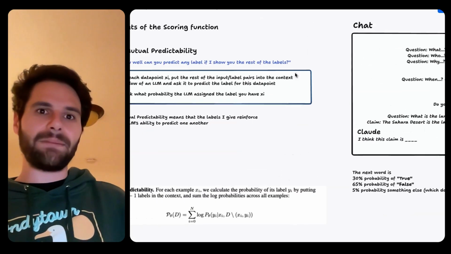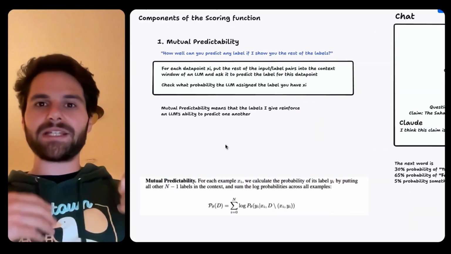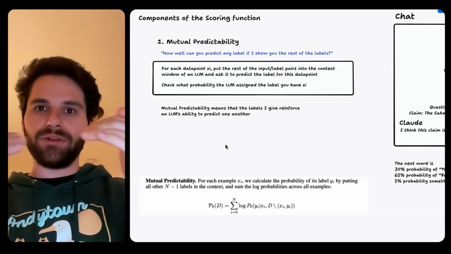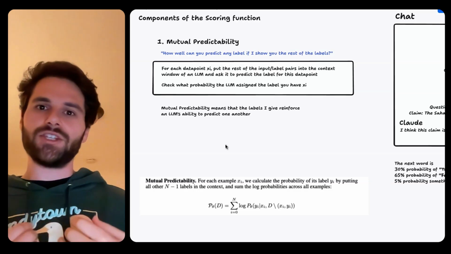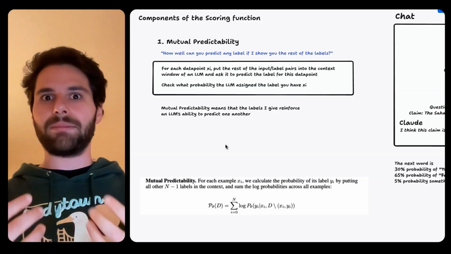All right, so that's number one. You want to make it so that when you see the rest of the examples, the LLM thinks that this label is also very likely. So you want it so that seeing the rest of the examples makes it more likely to say the label I picked for this one.